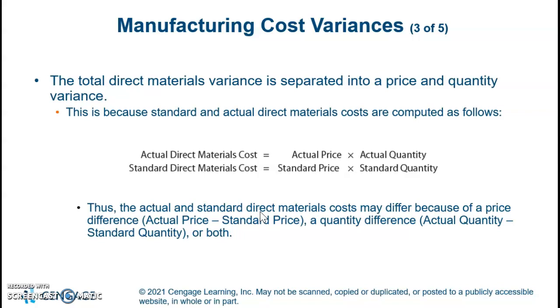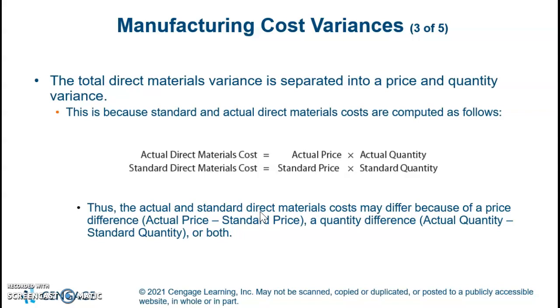So this is going to give managers much more information to look at the variances and really make decisions. For example, if they're paying more than what they expected, then maybe they need to renegotiate or look at why. If they're using extra quantity, then maybe they need to look and see if there's too many errors or if the machine is messing up or what's happening and why they're using more quantity.